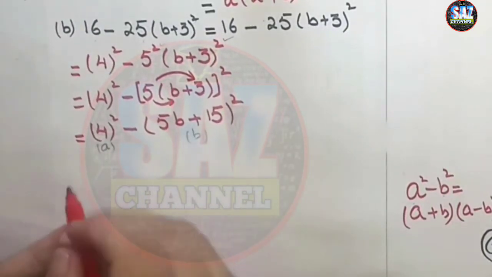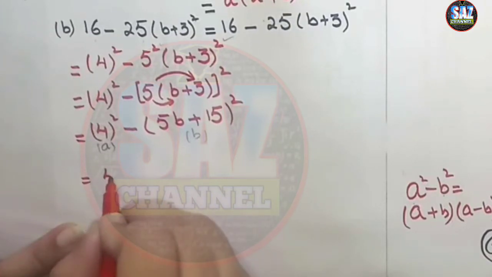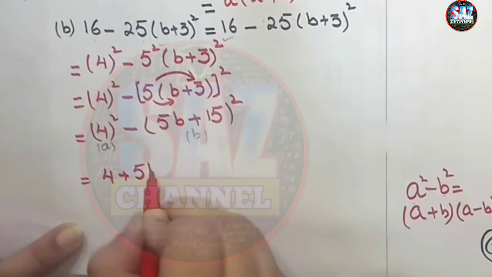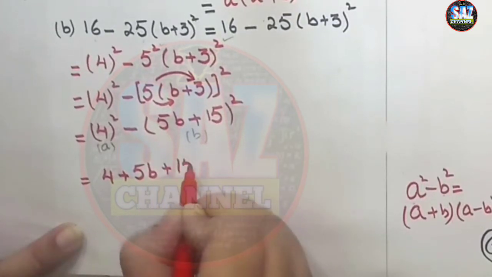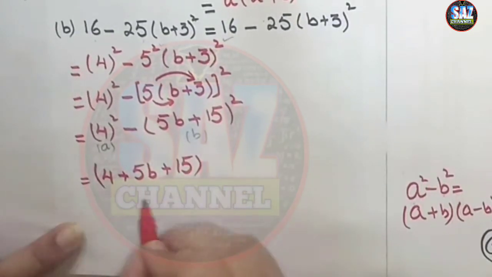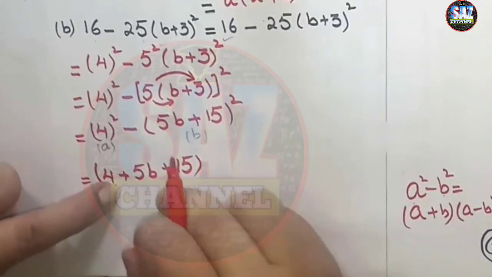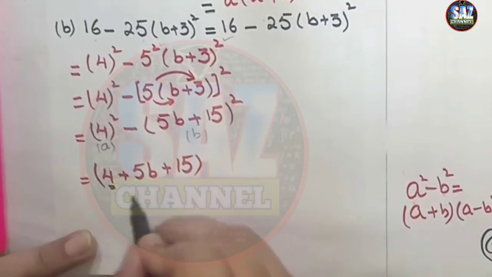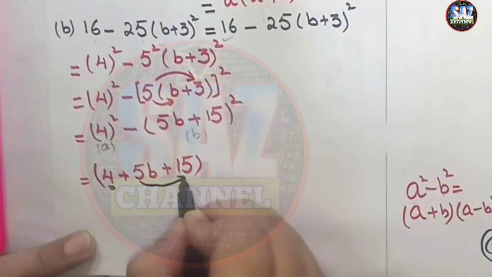Now according to the rule, I will write a plus b, that is 4 plus 5b plus 15. This is a and this whole is b.